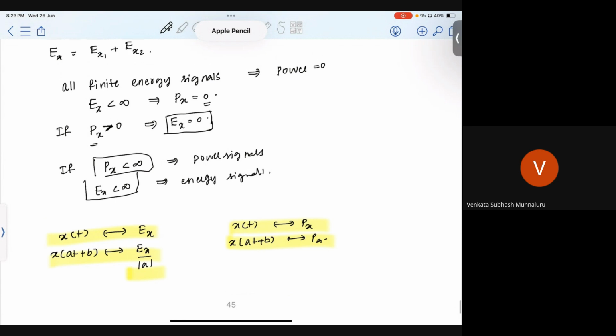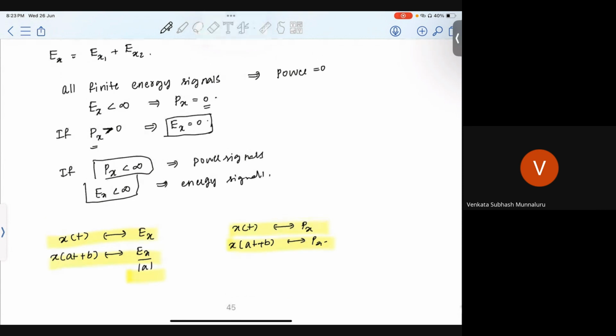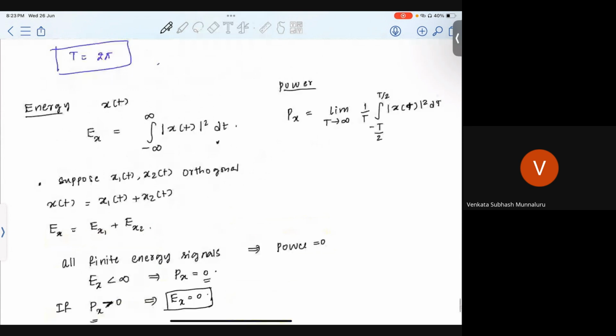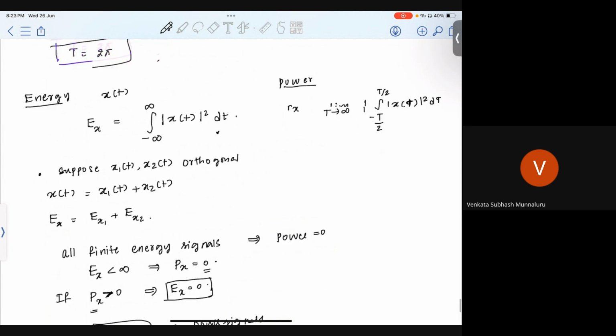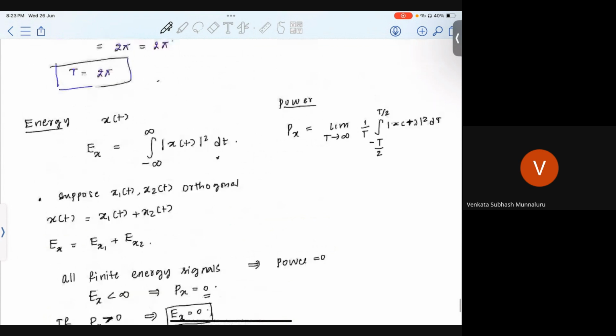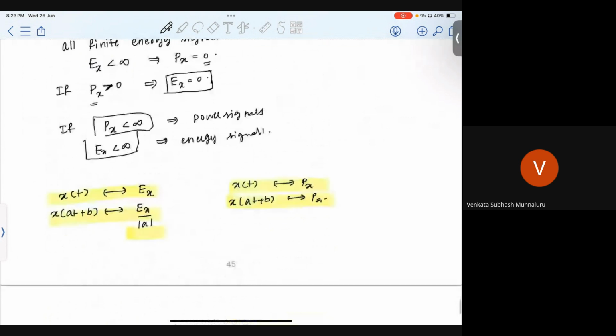For the x of at plus b signal, go back to the formula of the energy, plug in mod x of at plus b whole square dt, and evaluate that expression. What you would get is that the whole integration is divided by mod a. Hence the energy of x of at plus b is nothing but Ex by mod a.